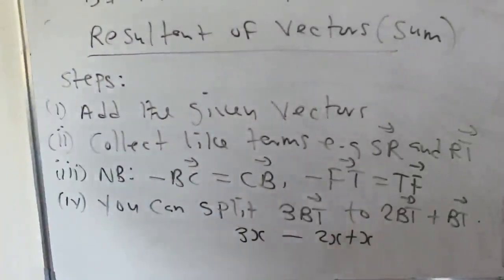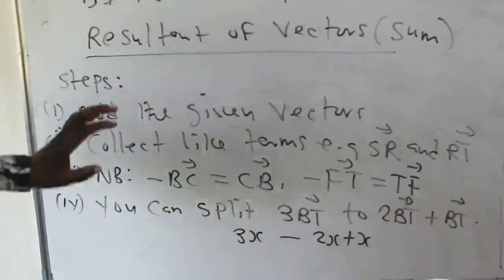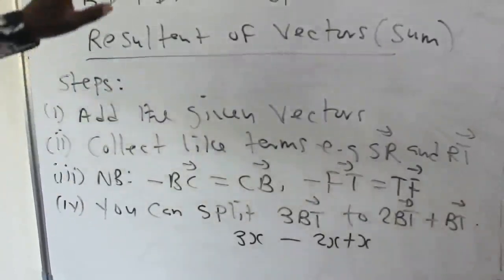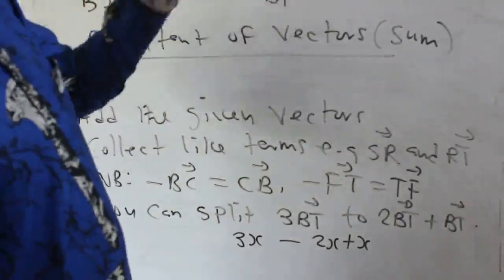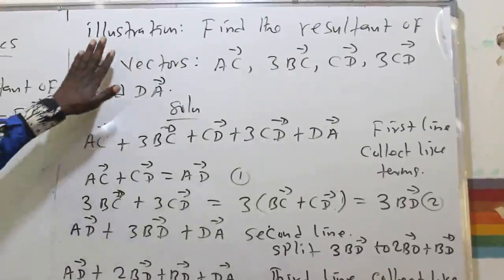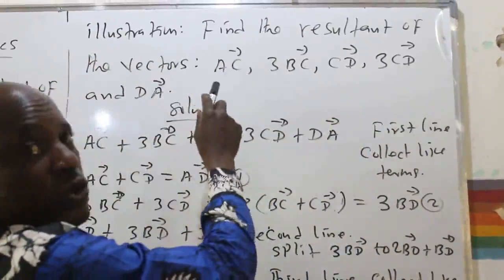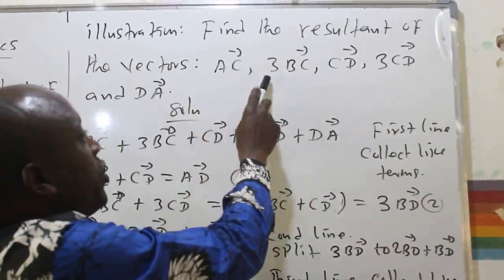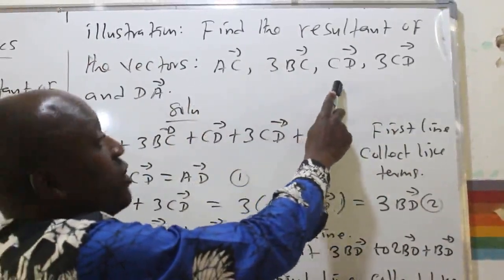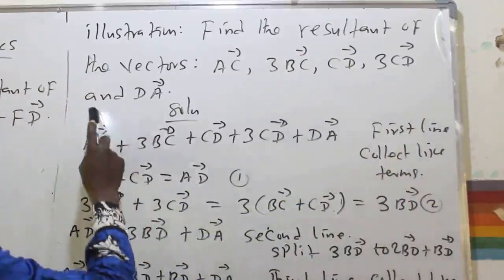Now, let's have an example and see how we are supposed to solve problems in resultant of vectors. Illustration: find the resultant of the vectors AC, 3BC, CD, 3CD, and DA.